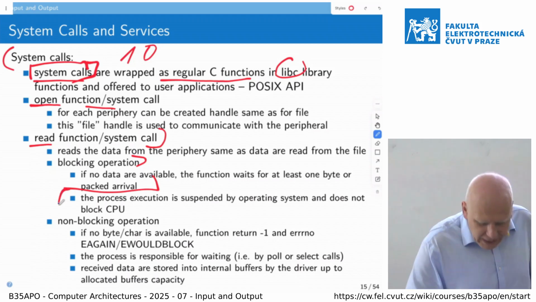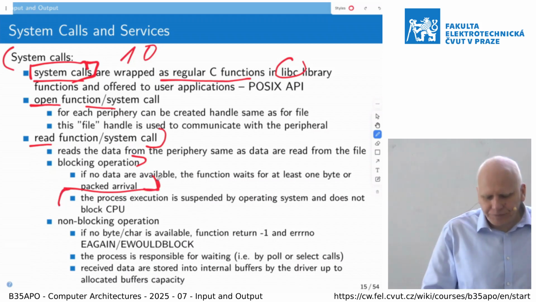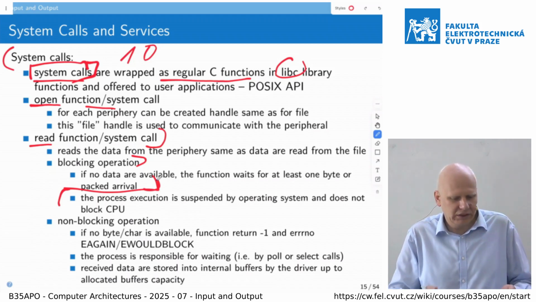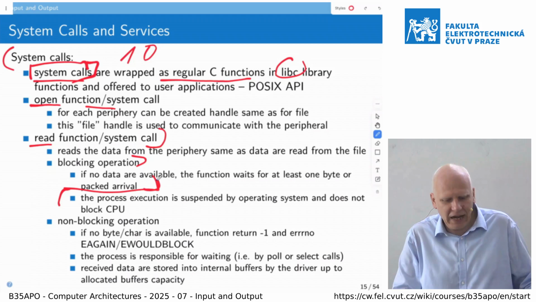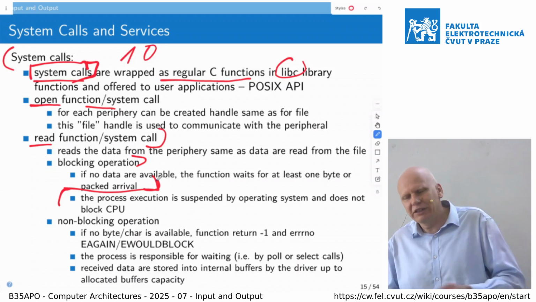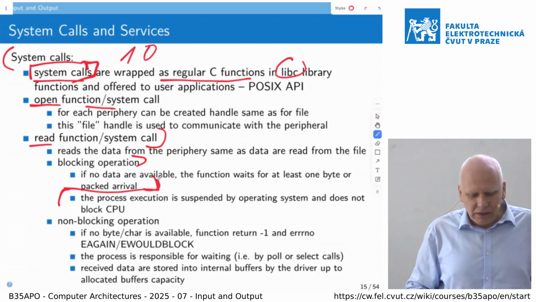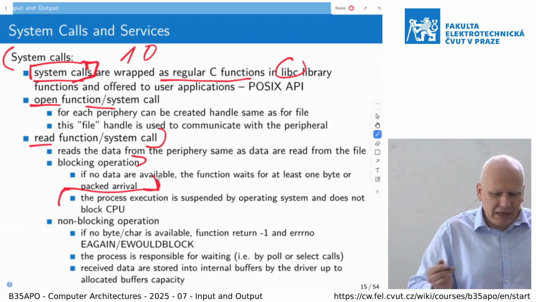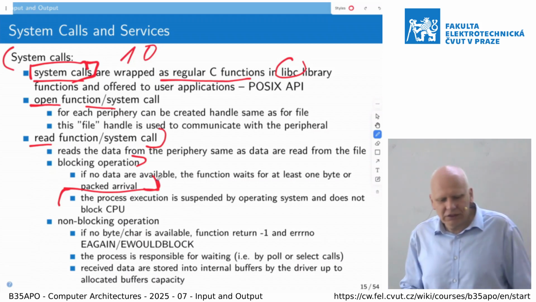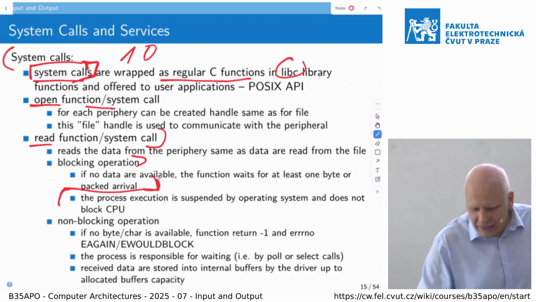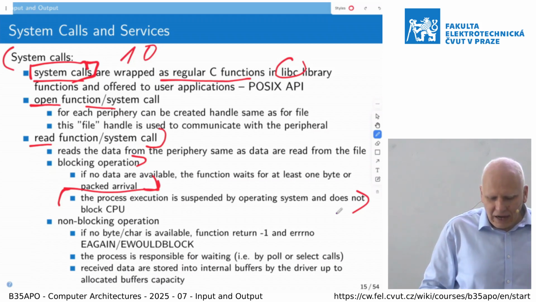And if there are no data, then the operating system blocks the task, suspends it, switches to some other task, and when data are again available, then through the interrupt and some synchronization mechanisms, it releases the task to run again.